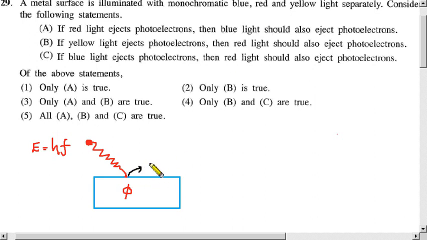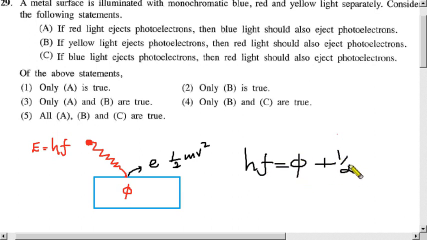So the electron is ejected like this, then it has a kinetic energy of half mv squared. So the equation you know is hf equals phi plus half mv squared. This is Einstein's energy equation.